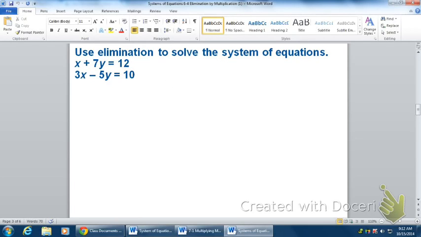If you're done, follow with me. Now, looking at these two equations, looks like x is going to be pretty easy to eliminate as long as I multiply it by what? A -3. So if I'm going to do that, I need to multiply the whole equation by -3.